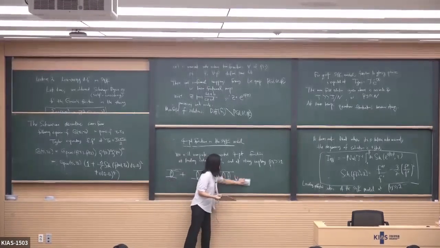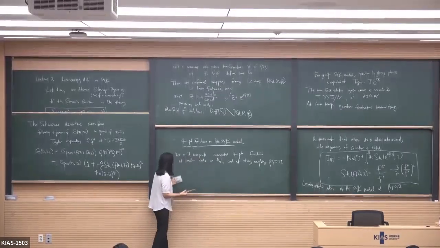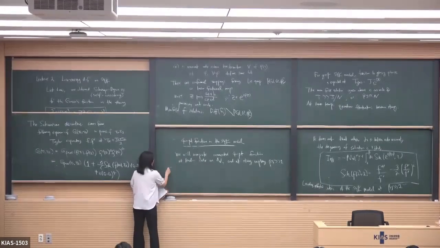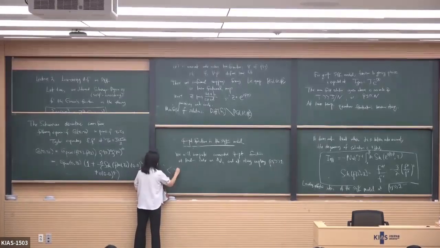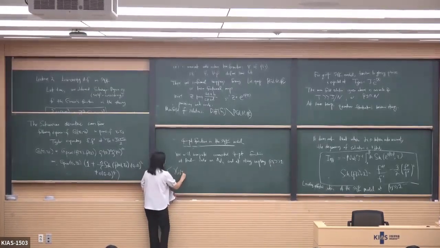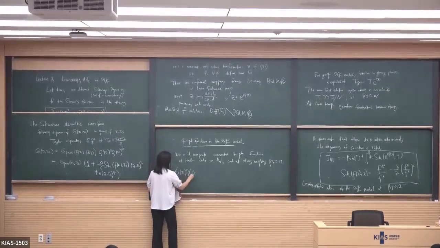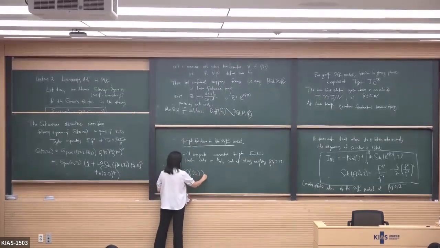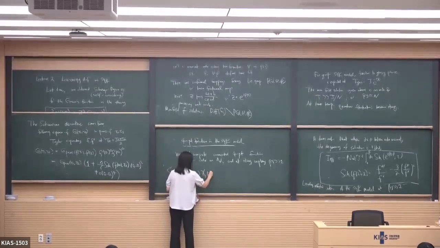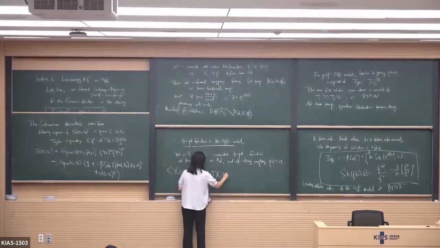So let's just write down the 4-point function. A 4-point function in Euclidean signature is going to look like this: chi I tau 1, chi I tau 2, chi j tau 3, chi j tau 4.